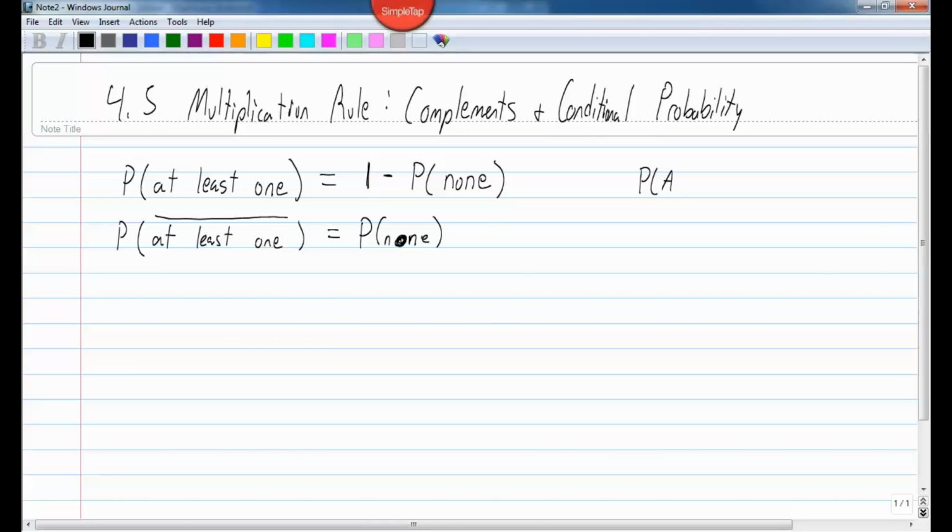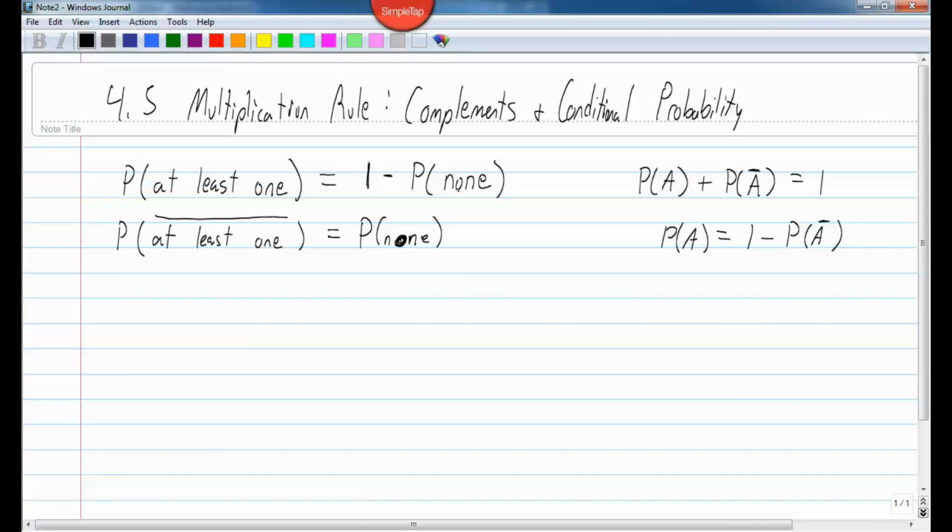Remember, the probability of event A occurring plus the probability of it not occurring is equal to 1. So if we want to find the probability of something occurring, you can say 1 minus the complement. And that's what we do here. If we want to know the probability of at least one, then that's equal to 1 minus the probability of none.